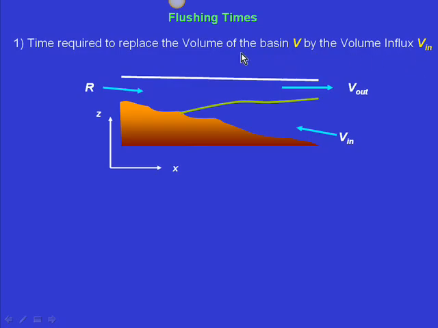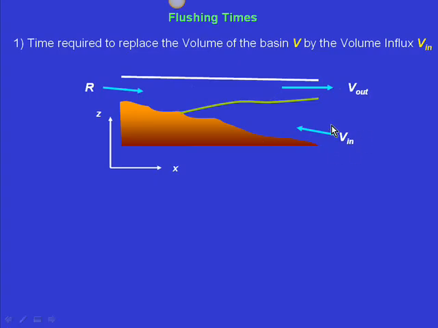So if we have a longitudinal section in a generic estuary where you have river discharge coming in at the head, and then that water will tend to go out at the surface, and then you have oceanic water coming in. In essence, this definition looks at how long it takes for this volume inflow to replace the entire water volume in that basin.